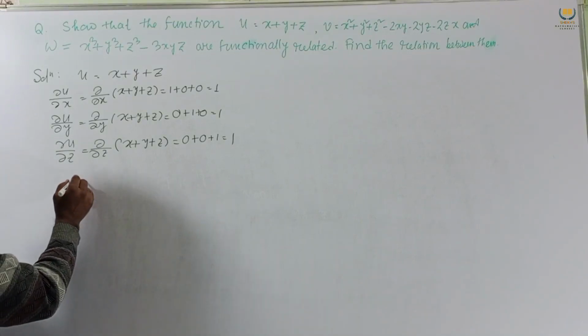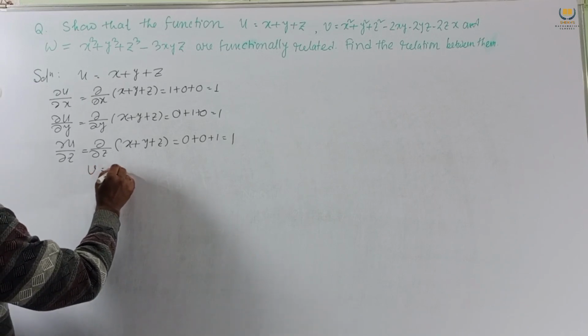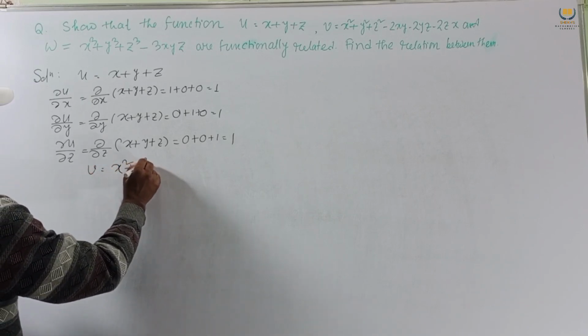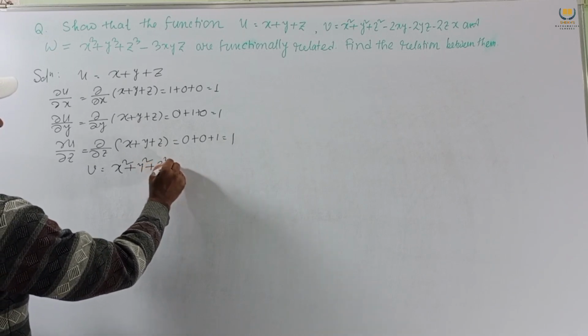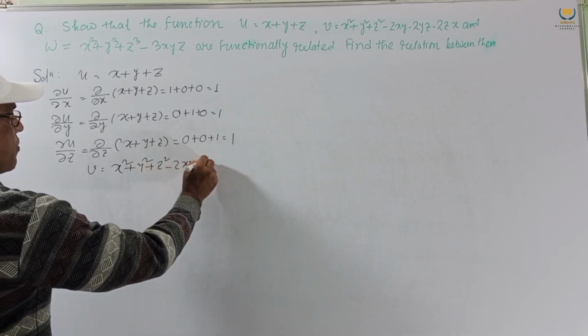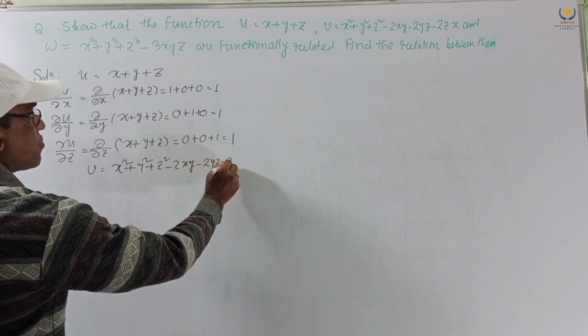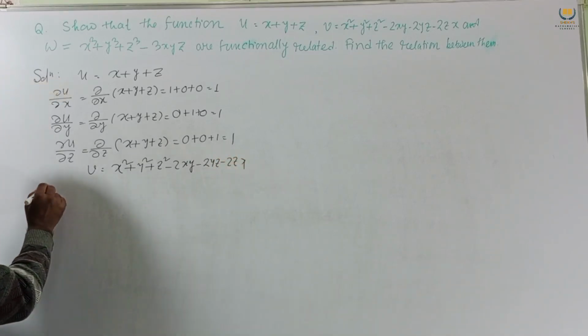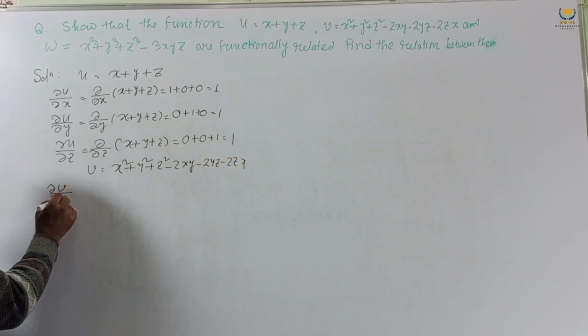Now we consider v equal to x square plus y square plus z square minus 2xy minus 2yz minus 2zx. We find del v del x.